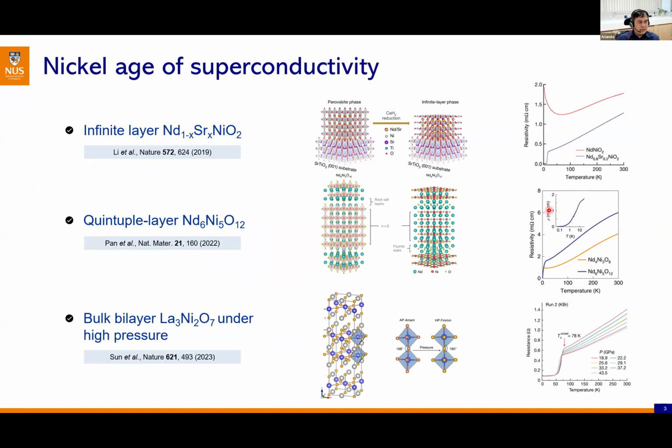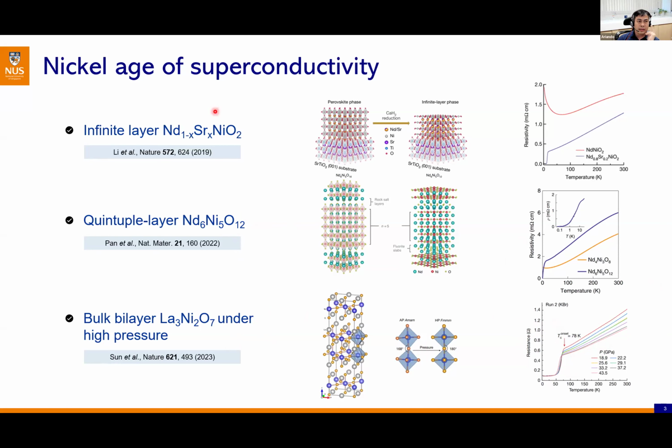And recently the perovskite versions of the bilayer under high pressure also showed these transitions, in the resistivity as well as in the susceptibility. Nevertheless, as we can see, there is still a big challenge, especially with the finite layer, the 5 layer, and this bulk perovskite with high pressure. So it's very limited information that we have so far.